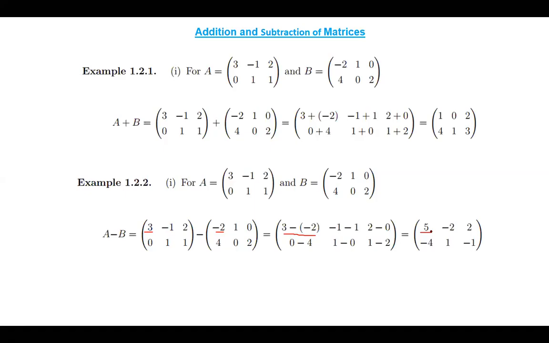So adding and subtracting matrices is straightforward in the sense that you just add them directly, the way you add every other number. But make sure that you take care of the corresponding entries. If you are adding an entry here, according to row and column, this entry is in the second column and in the first row.